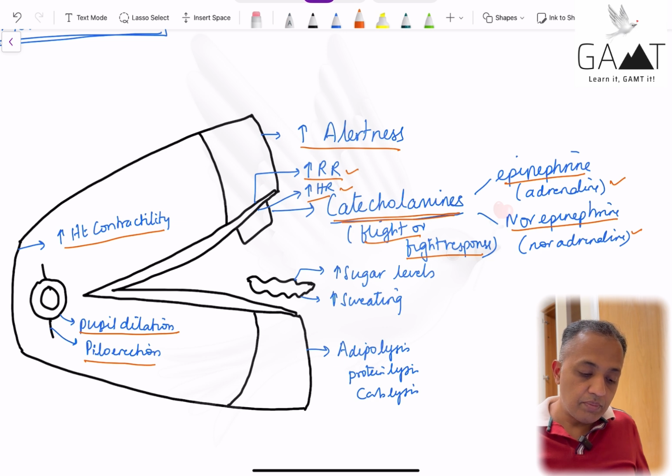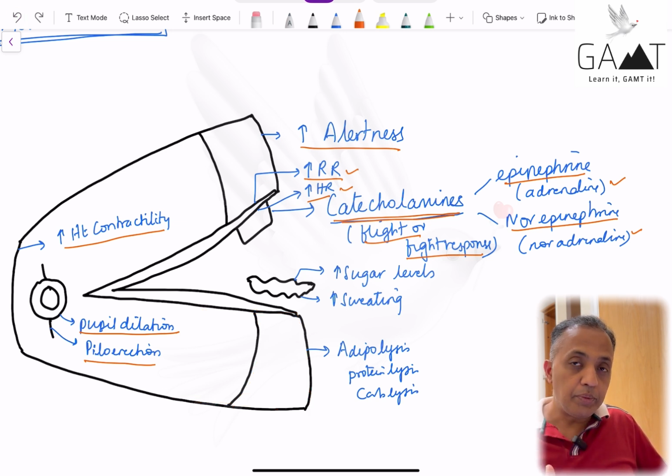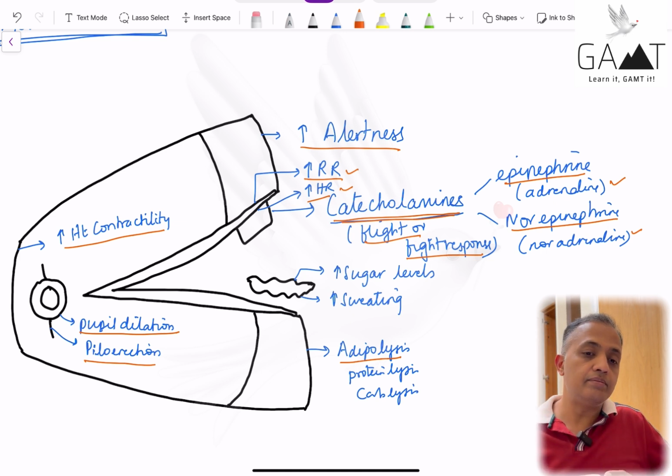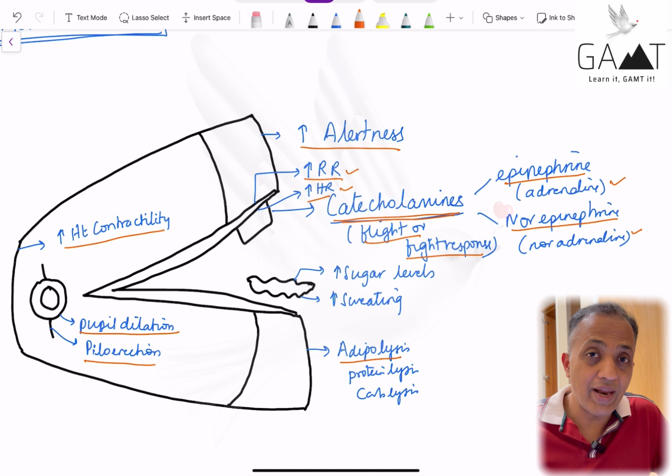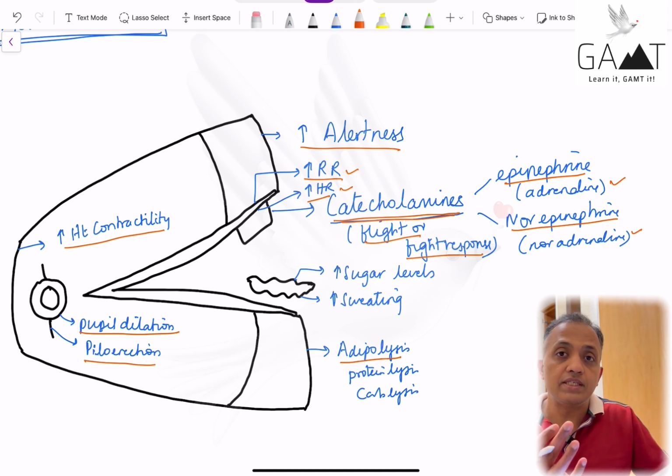And then you have this lip of the stapler, which corresponds to the letter A. Again, the other A corresponds to increased alertness. This one corresponds to adipolysis. Because you need a lot of glucose in a fight or flight situation, it not only causes adipolysis, it also causes proteolysis and carbohydrate lysis.